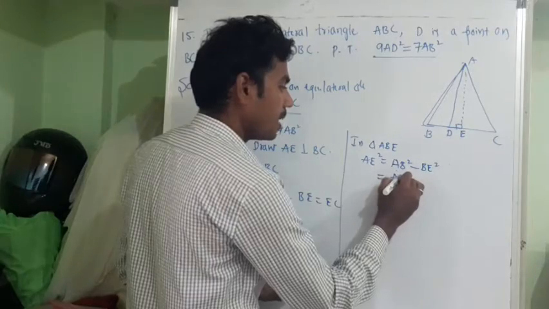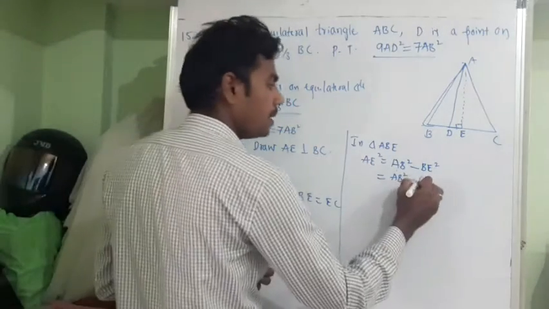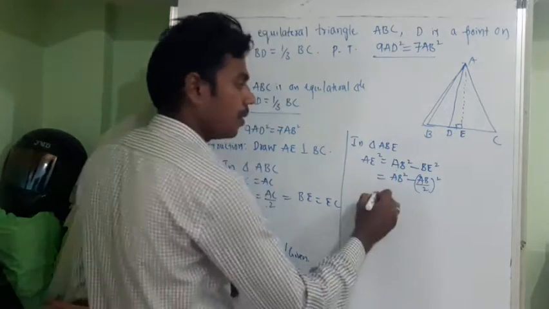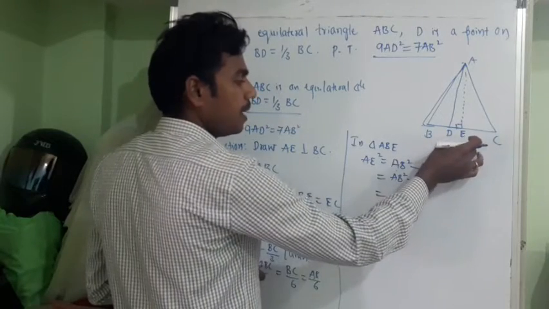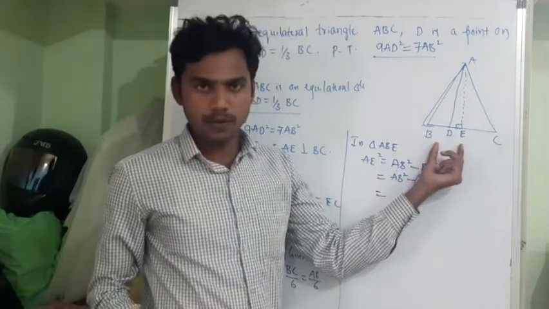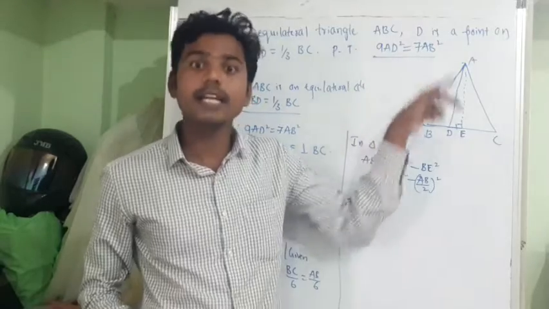I'll keep AB square as it is. BE square is nothing but AB by 2 whole square, because BE is BC by 2 and BC is equal to AB in an equilateral triangle.